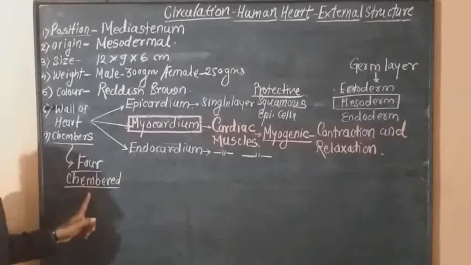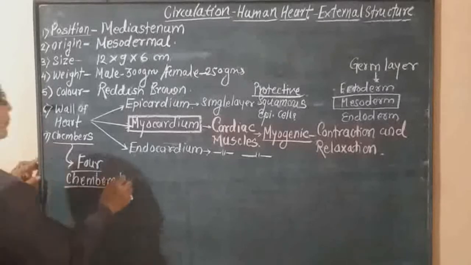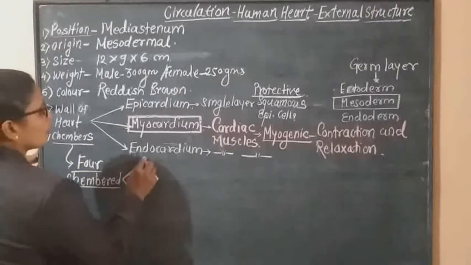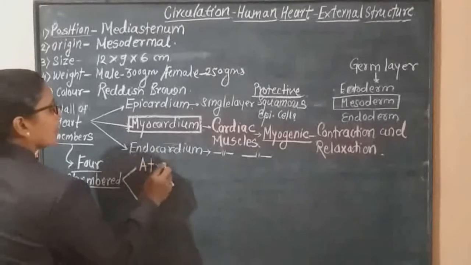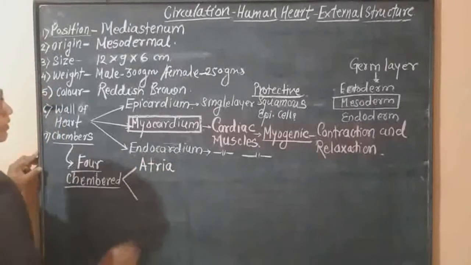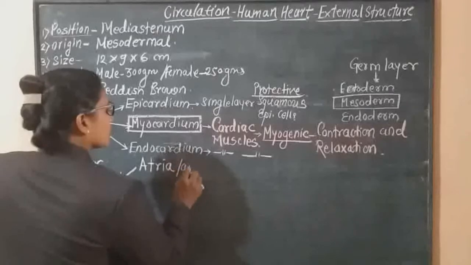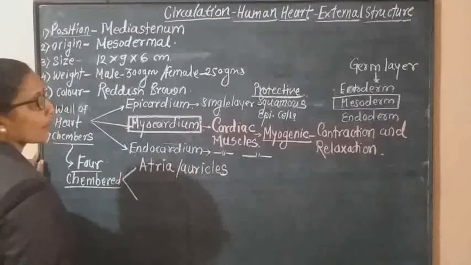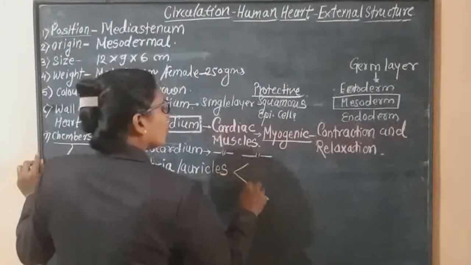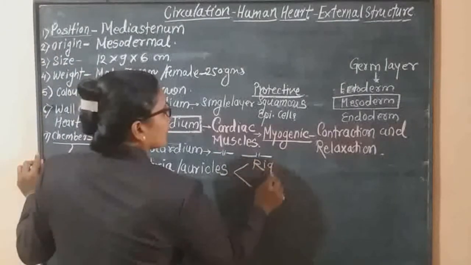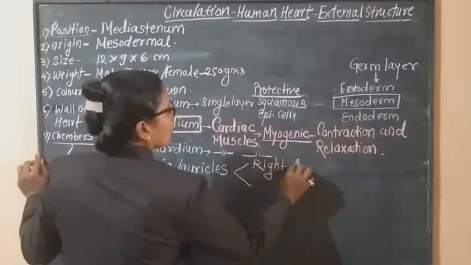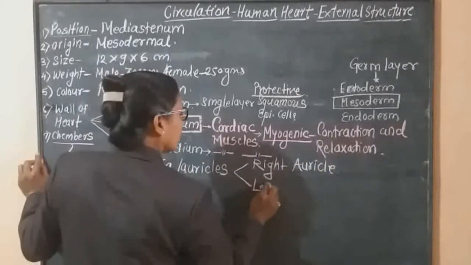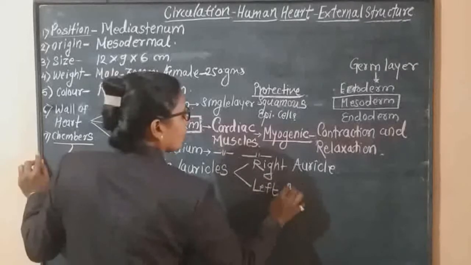How many chambers? 4 chambers. Of these, 2 chambers are atria, which in the old syllabus are also called auricles: the right auricle and the left auricle.